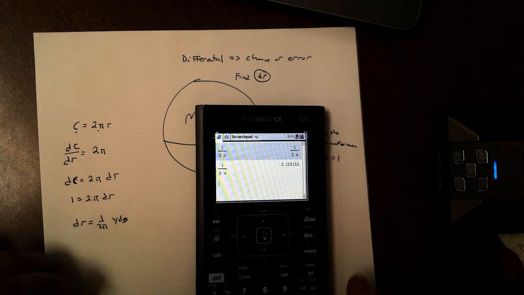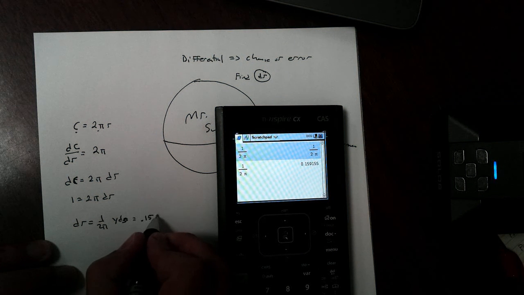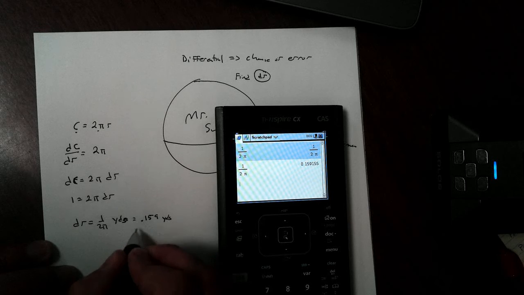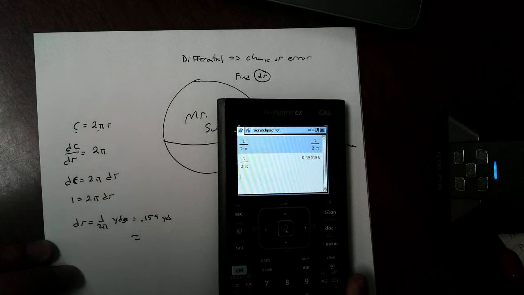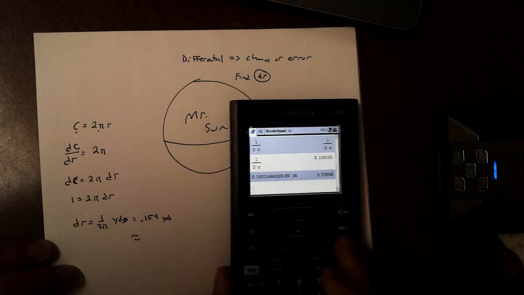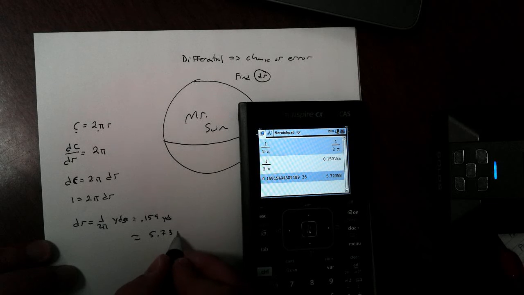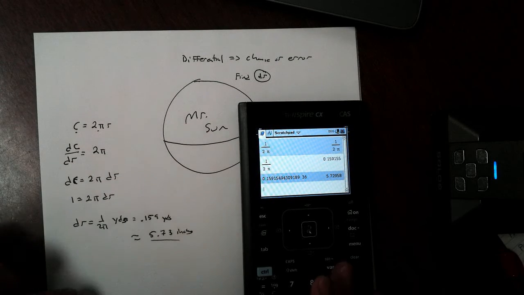That gives me 0.159 yards, which is about how many inches? Well, there are 36 inches to a yard, which is about 5.73 inches.